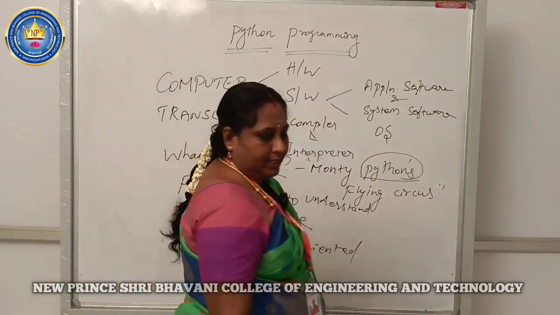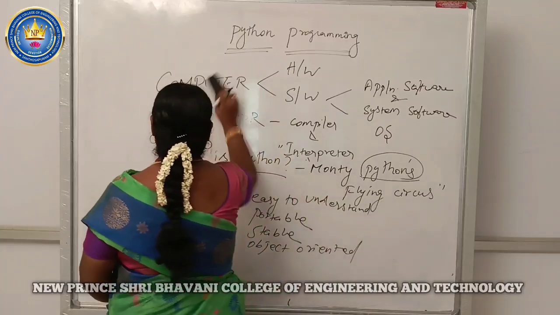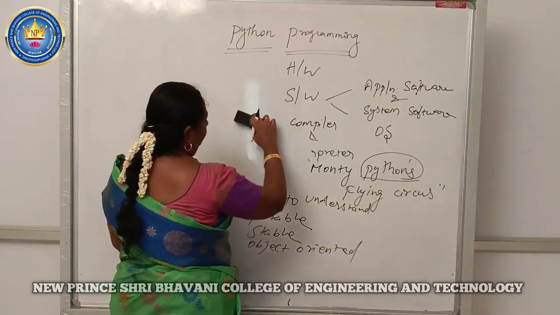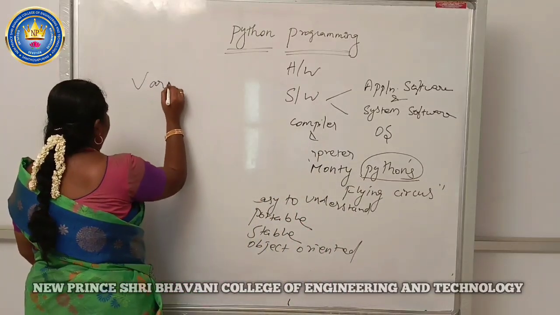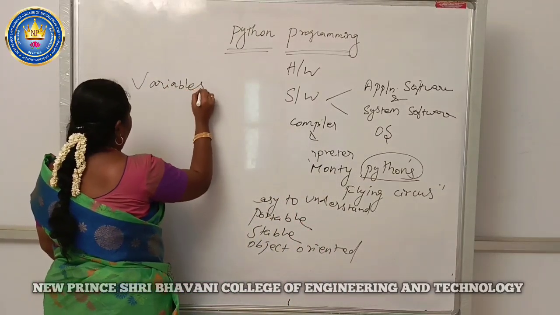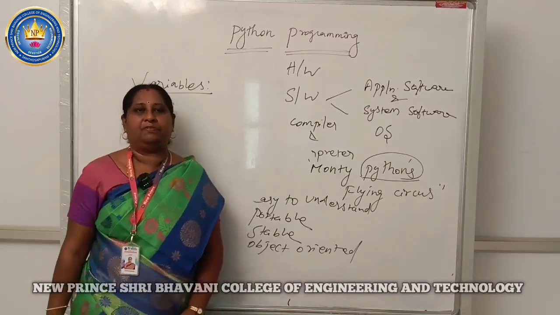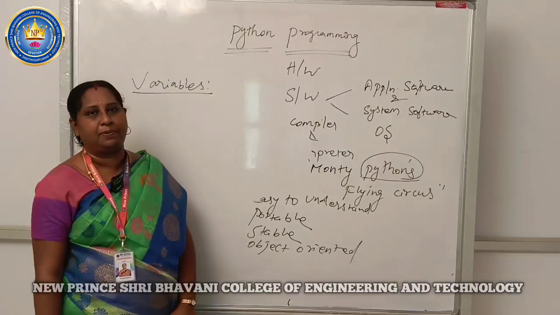Then the next topic is how we can use the variables in Python. So what do you mean by a variable first? Variable is a reserved memory location for the data to be processed.